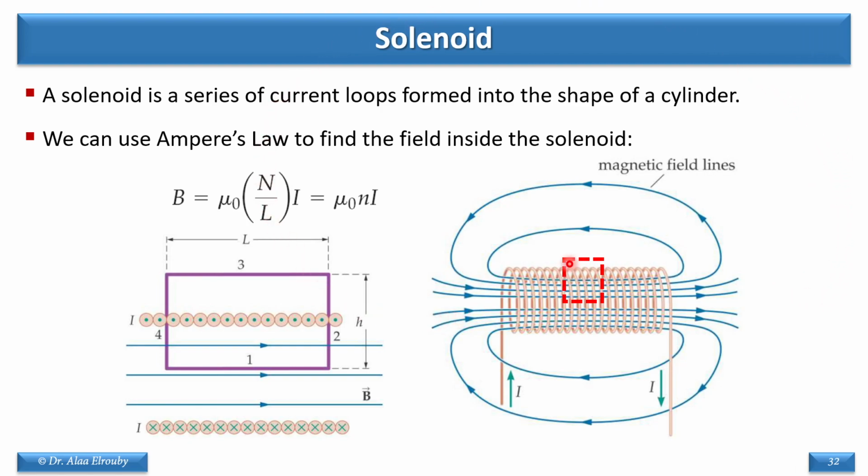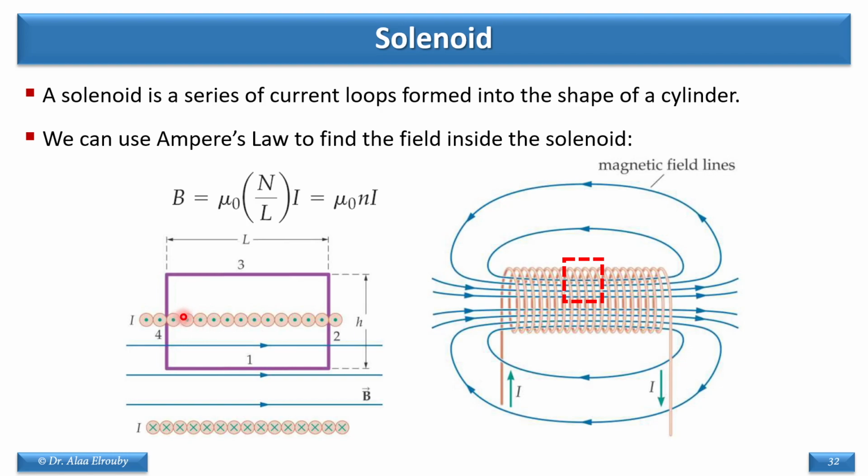So the field very close to the solenoid area is very low, and the field is concentrated inside the core of the solenoid. If we take a path like this one and look into this cross section, you will find that we have some currents.